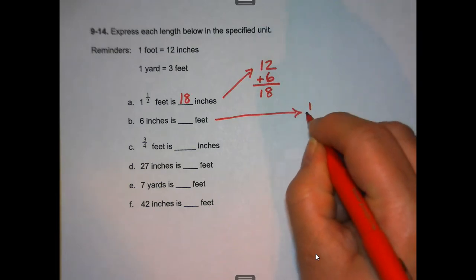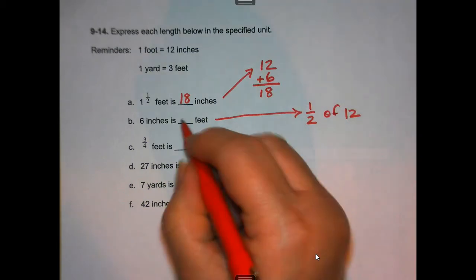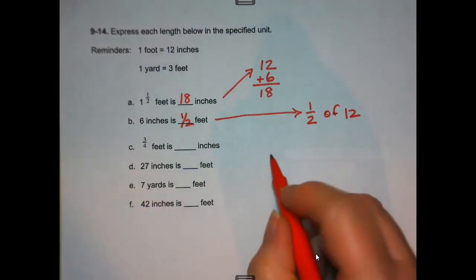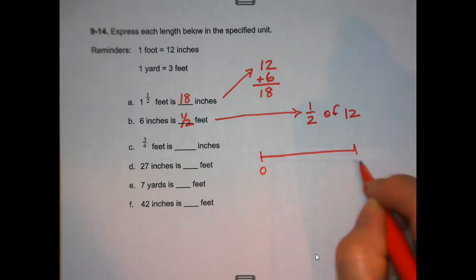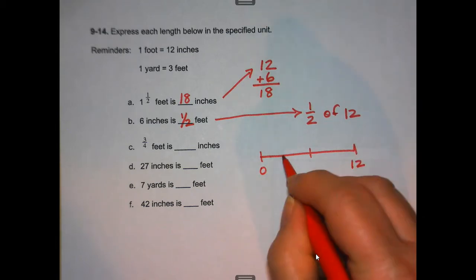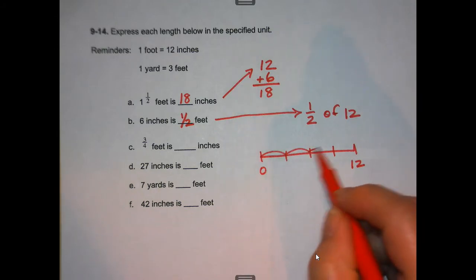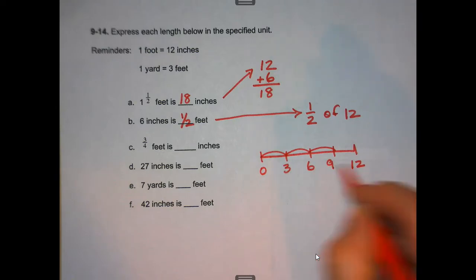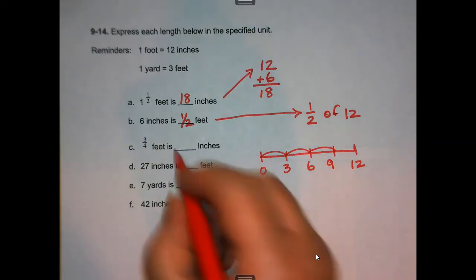So 6 inches is 1/2 of 12, or 1/2 of a foot. 3/4 feet, if I take a foot and I make a little diagram here, I have 1, 2, 3, 4 parts. 12 divided into 4 parts makes 3, 6, 9, and then 12. So 3/4 is going to be 9 inches.